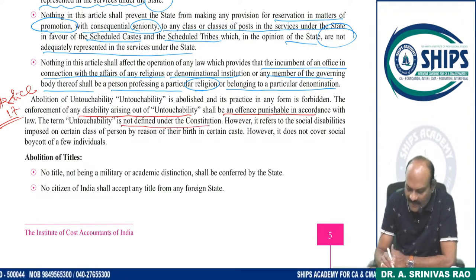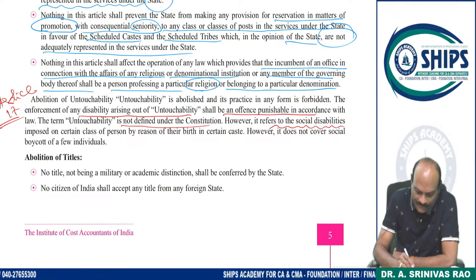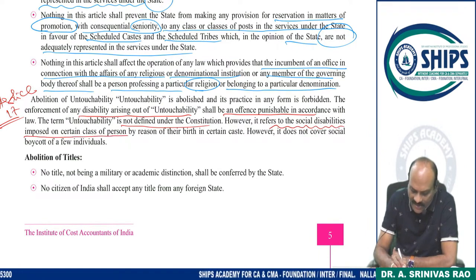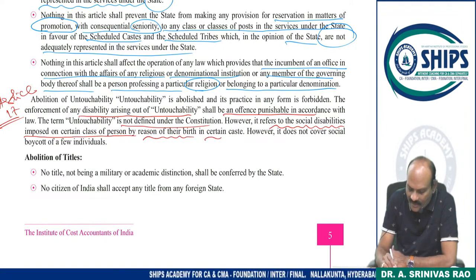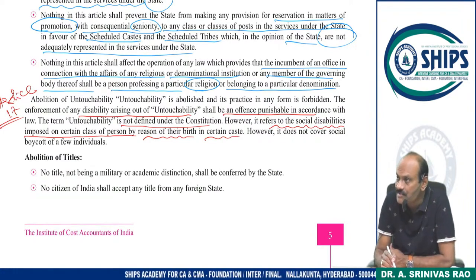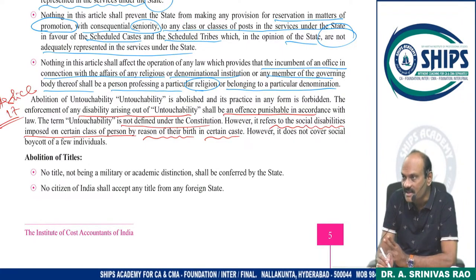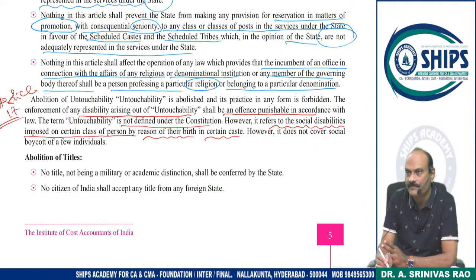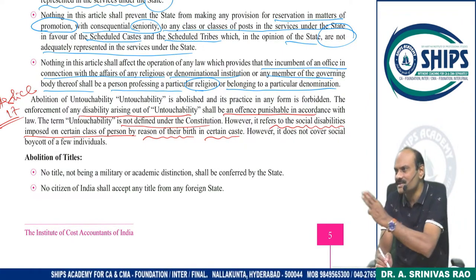Untouchability is not defined in the Constitution. However, it is referred to as the social disabilities imposed on certain classes of persons by reason of their birth in a certain caste. SC, ST especially. Sometimes BC categorization is there.